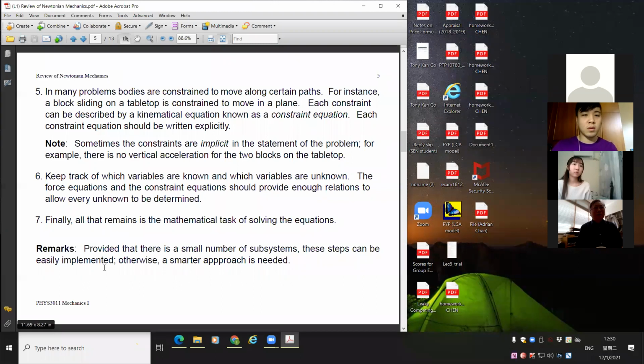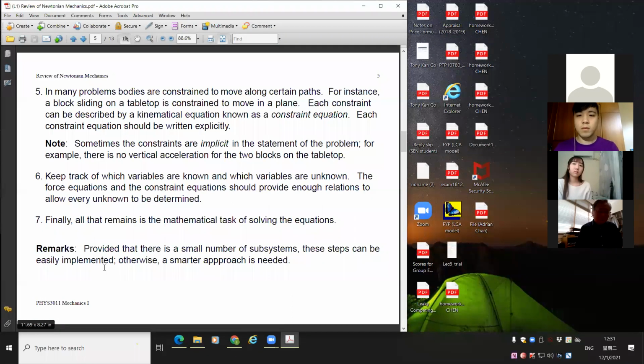Say for example, you have a sliding block on a horizontal surface. A simple constraint equation will be no motion in the vertical direction. Am I right? No net force acting on the block in the vertical direction.